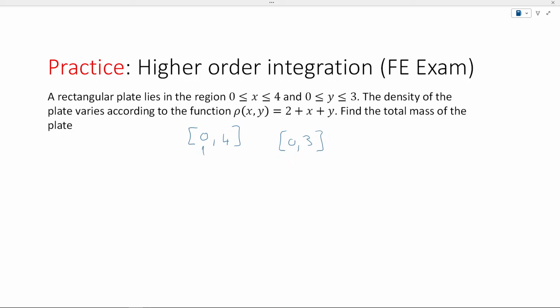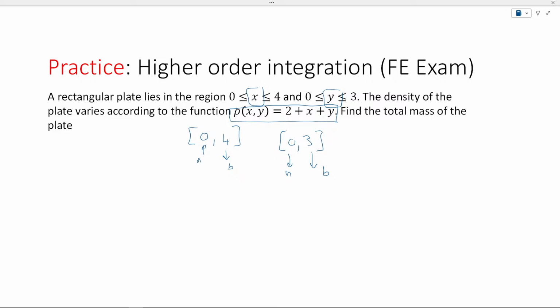So that is my A, that is my B, here that is my A, that is my B. And this is with respect to x, and this is with respect to y. And this is my function here. Okay, so let's solve it.